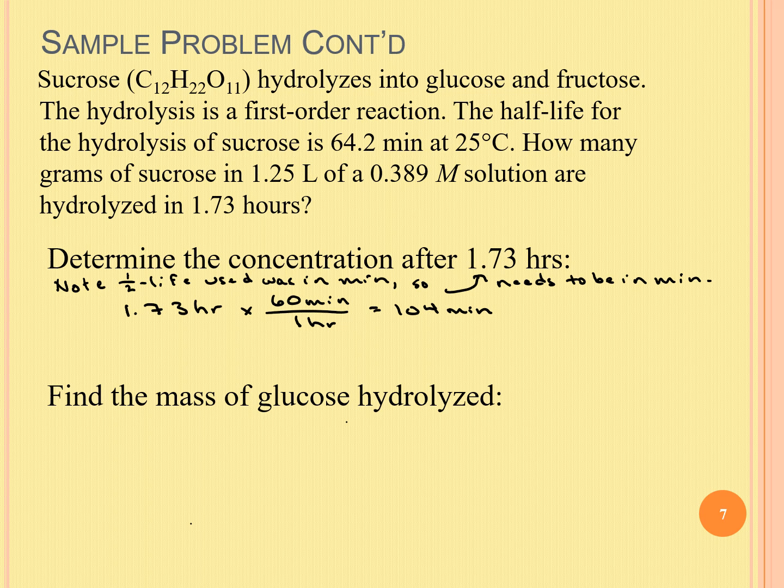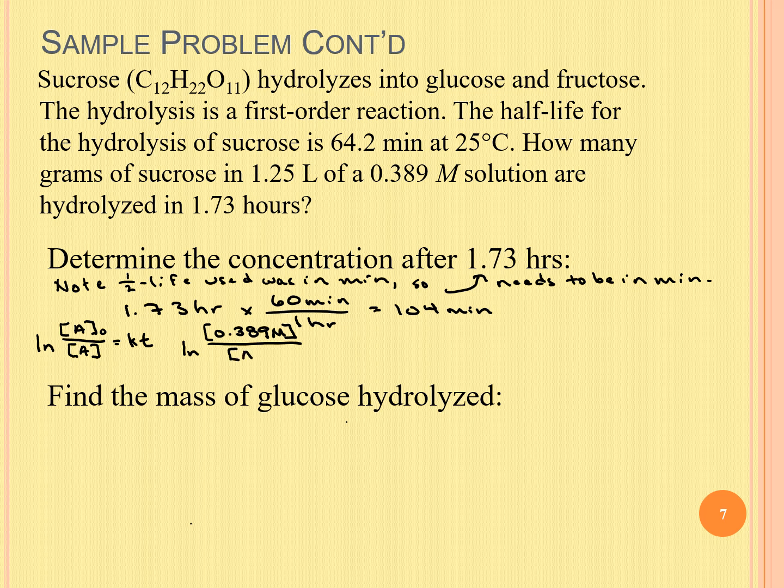All right, so I want to know the concentration after 1.73 hours. So we need to use our first-order rate law expression that is going to relate our concentrations to our time. This is going to be the natural log of A naught over A. Our A naught is in the problem as 0.389 molar.